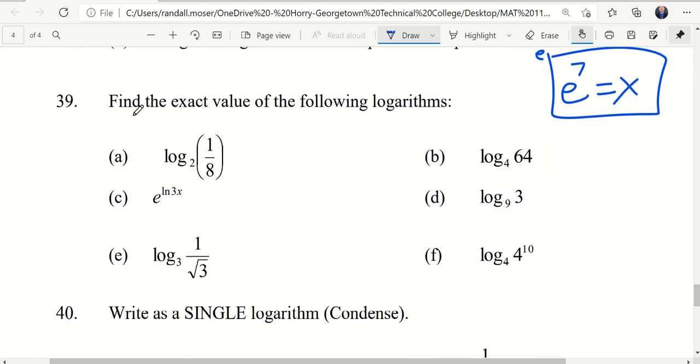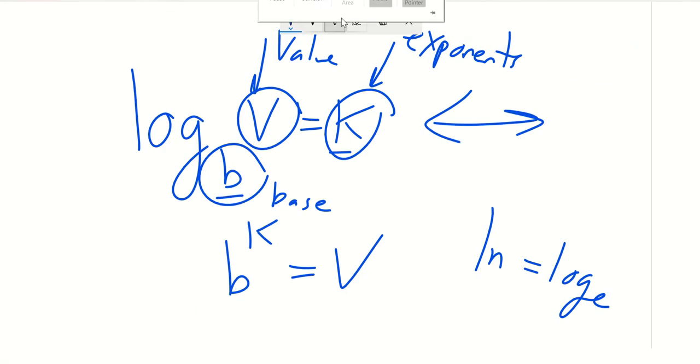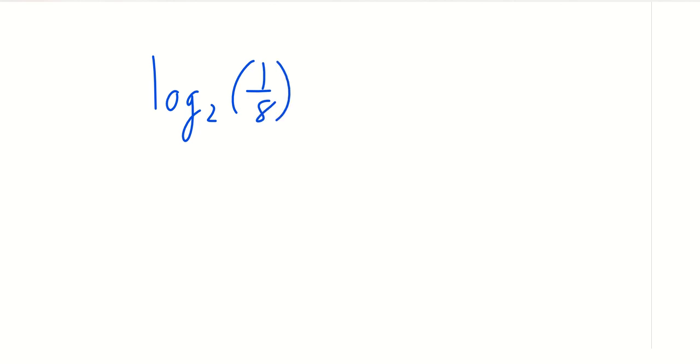In question 39, we want to find the value of these logarithms. I'll do one of them, and I'm just going to state the answers. But for example, with the first one, here's how you would work these out if you get stuck. If I want to find log base 2 of 1 over 8, if you don't know what that value is, call it a question mark, or call it x.